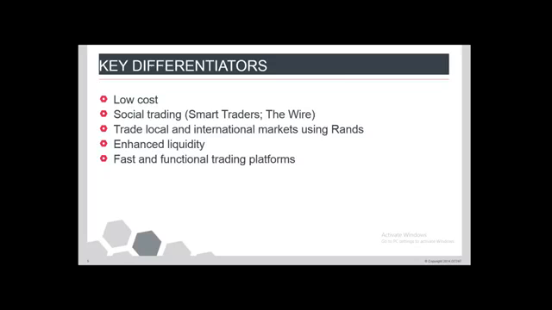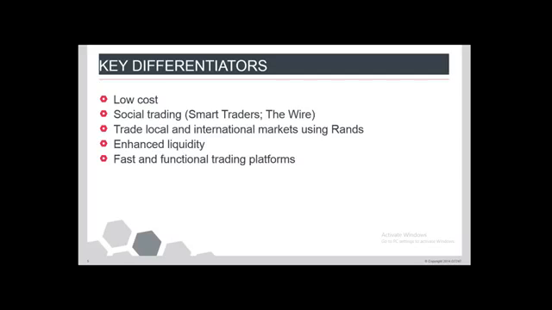We have a social trading platform as well, where novice and entry-level trading individuals can learn from each other in terms of a social network. So on the social network, Smart Traders and The Wire, you're able to see the trades that more novice and more experienced individuals are placing, and from that, you're able to learn.